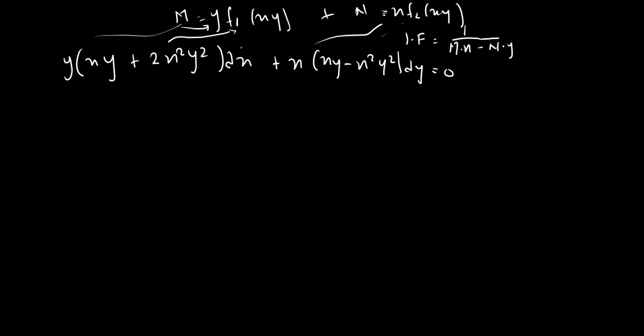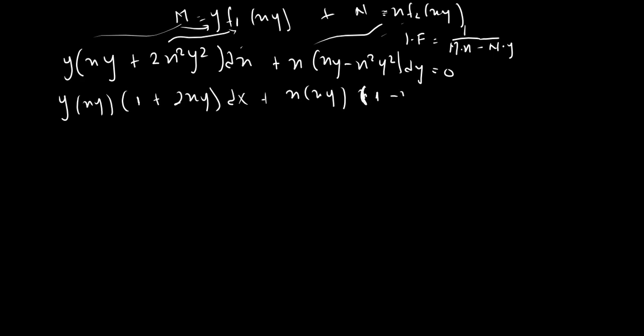Now, not in all cases you'll be able to divide through by xy. Just check, do you have xy in all of them? Can you factorize xy out? If you can, then you can divide through by xy. So I'm going to factorize xy out. I'm going to have y(1 plus 2xy) dx plus x(1 minus xy) dy is equal to 0.